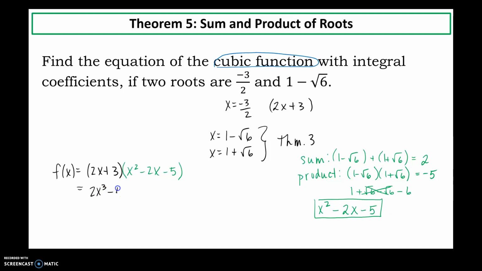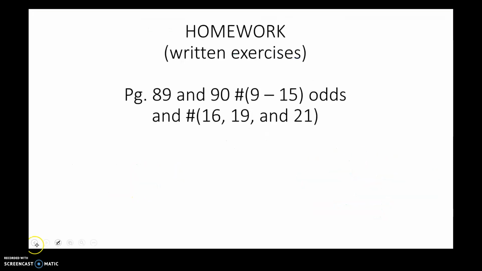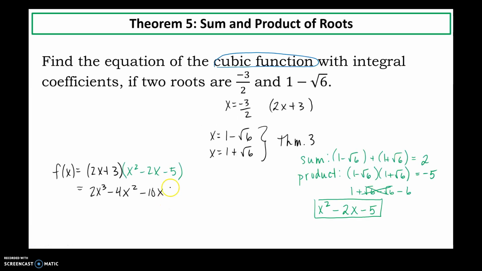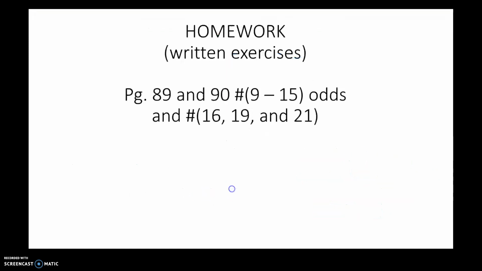First, I'm going to distribute a 2x to everything. So 2x times x squared gives me my 2x cubed. 2x times negative 2x is negative 4x squared. 2x times negative 5, negative 10x. Distribute the 3: plus 3x squared minus 6x minus 15.